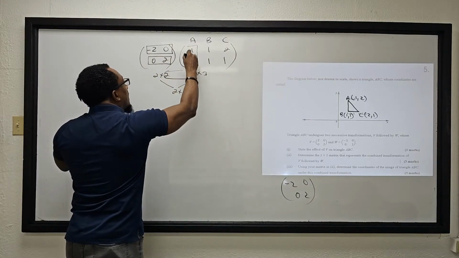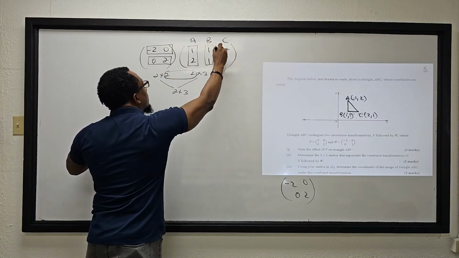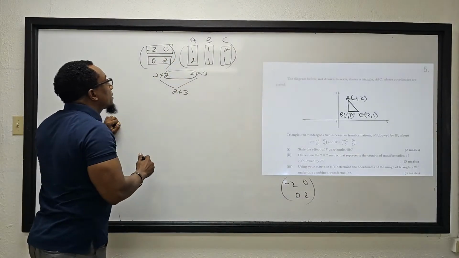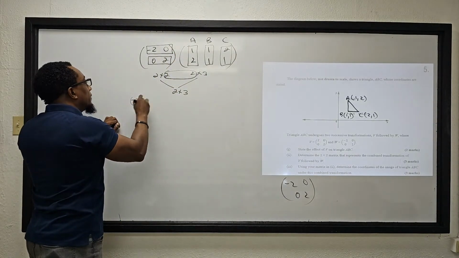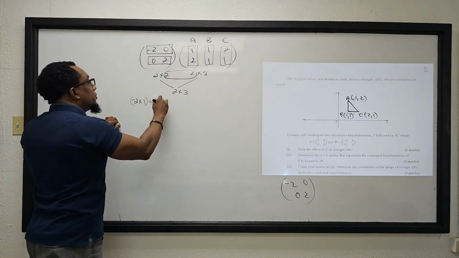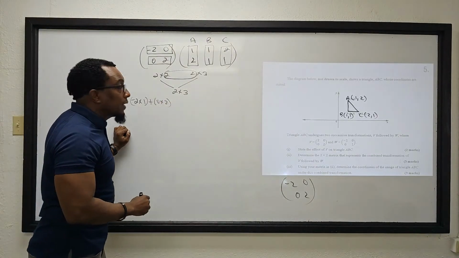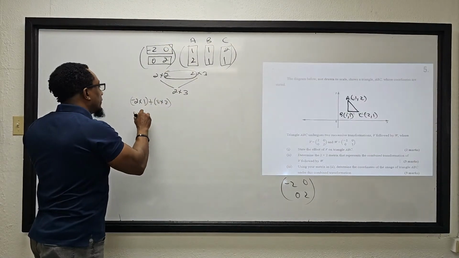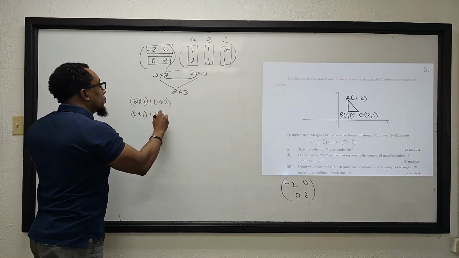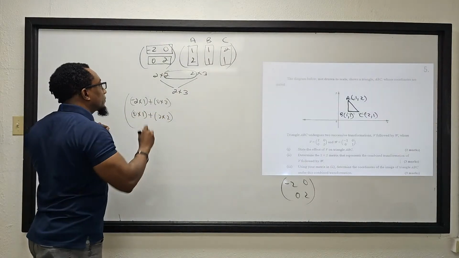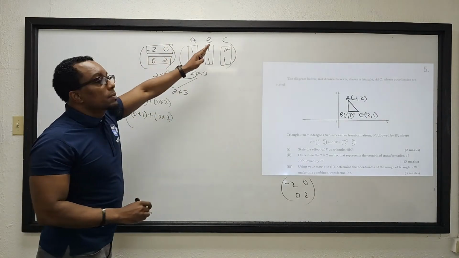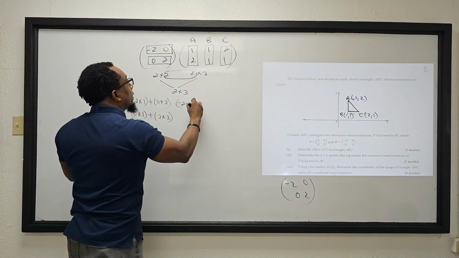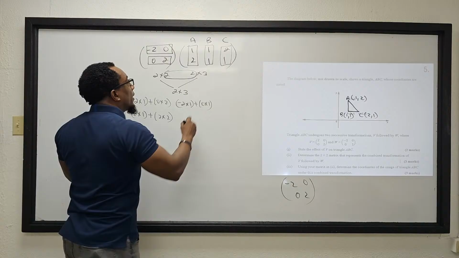by the columns of the second. So this is first row by my first column, negative 2 by 1 plus 0 by 2. Now my second row, first column, 0 by 1 plus 2 by 2. Then my two rows of my second column, this is negative 2 by 1 plus 0 by 1.